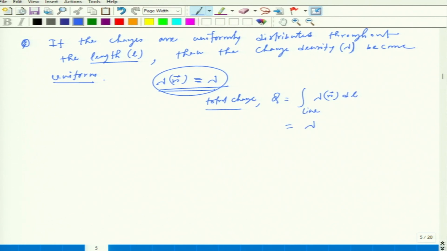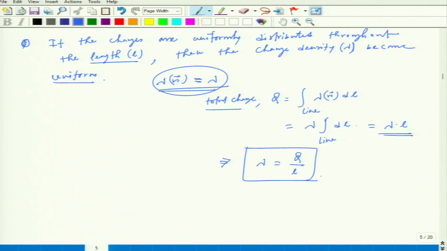Then lambda is taken out of the integral, and the integral of dl is the length. So q is lambda times L, the total length, and lambda becomes q over L. Remember, in this case lambda is uniform, the total charge q is uniformly distributed over the length L.